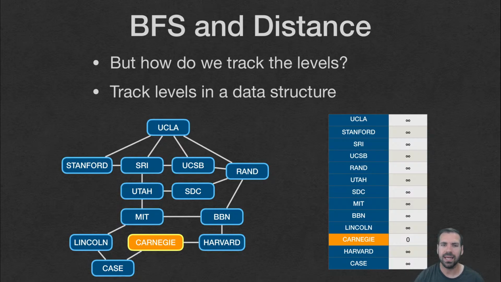But let's go through this again and add in some data structures and see how we're actually going to implement this in our code. This is the most important run of breadth first search. We're doing a couple runs of it here, but this is the most important one for task 8. It's the one that walks you through how to do it. That said, if you didn't understand the last one we just did, this one's going to be tough to follow.